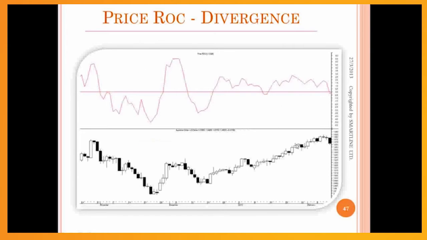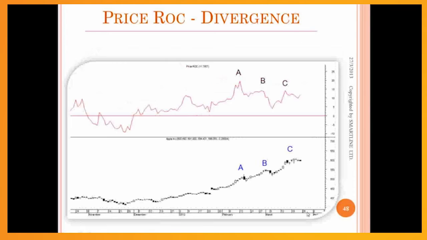In this case, that we have on the Australian dollar, you can see that the Australian dollar continues going higher and the oscillator fails to confirm it. So in this case, we have a negative divergence. We can see this on Apple, where we have consecutive higher highs, but the oscillator fails to confirm it.